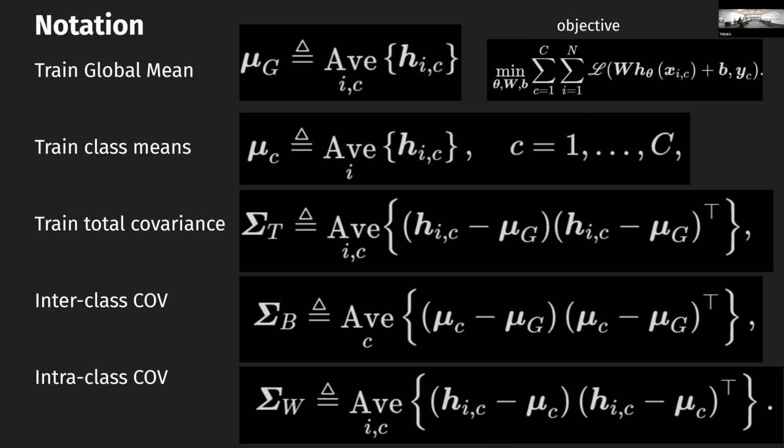And some statistical notation. So this is just the average of the activations separated into the class means. You're just splitting this into each class.